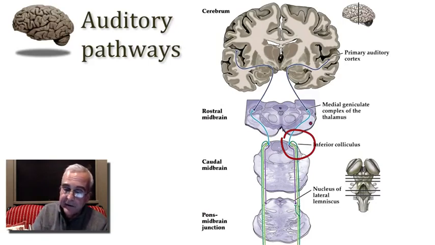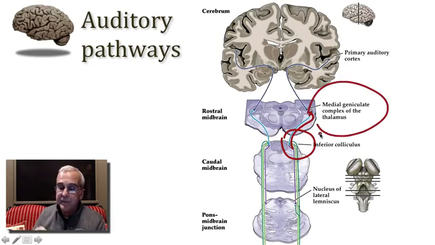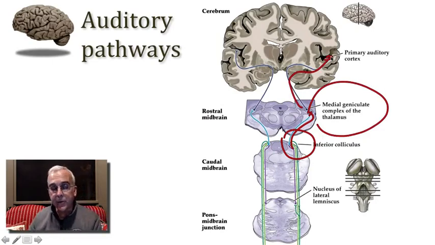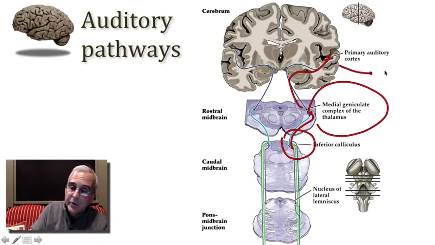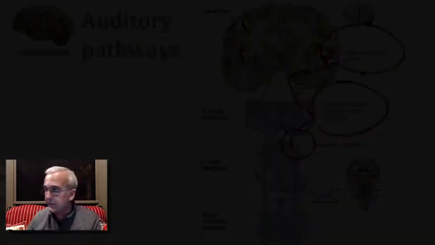The inferior colliculus sends relays up to the auditory division of the thalamus, the medial geniculate complex, and from there the medial geniculate complex projects to the primary auditory cortex. And it's about the primary auditory cortex that I'd like to conclude this tutorial.